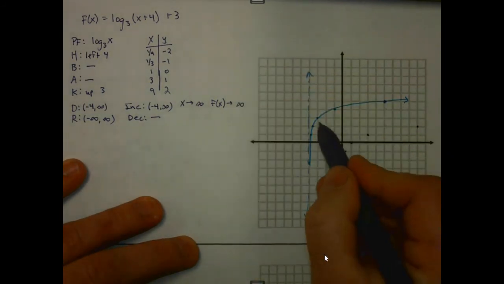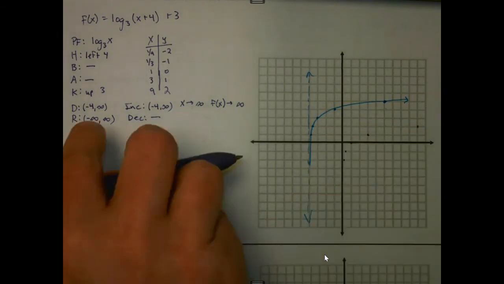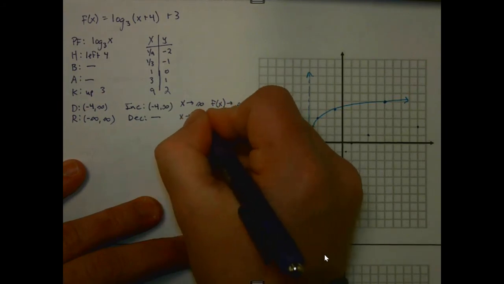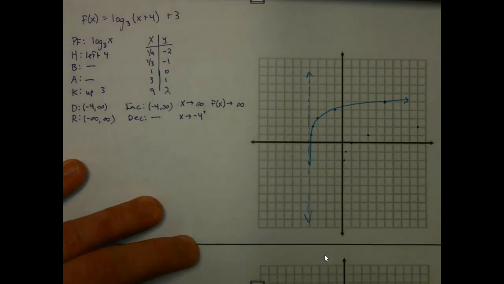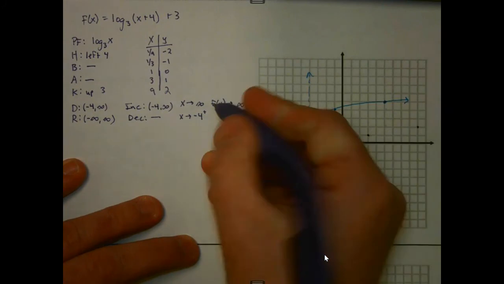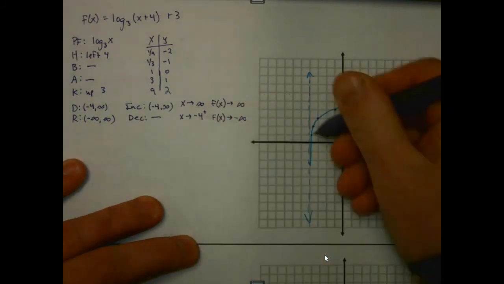As x goes to -4 from the right side, because we can't go to -4 from the left, I note that with a little plus up there. As it comes this way, f of x goes to -infinity because it shoots straight down.